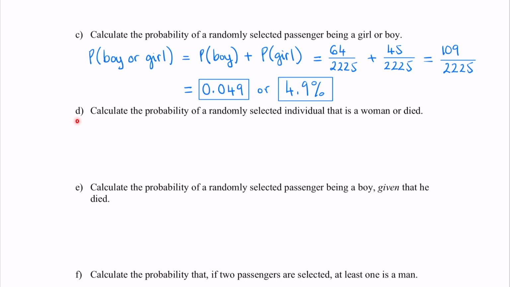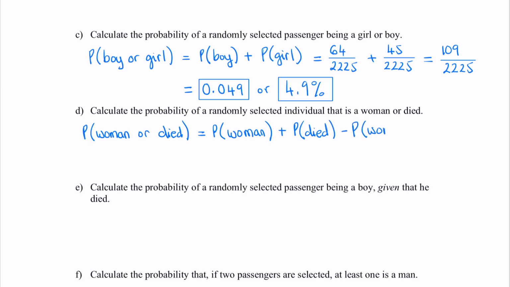Part D, calculate the probability of a randomly selected individual that is a woman or died. Since the events being a woman and having died are not mutually exclusive, we use the addition rule.